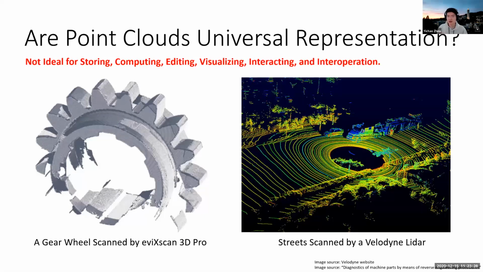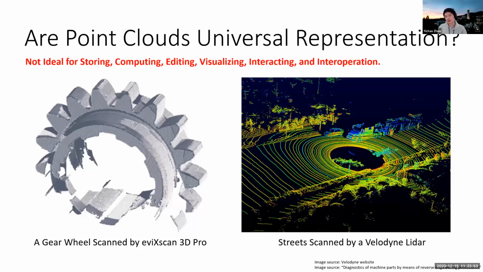It is really hard for an engineer to directly edit this kind of point cloud reconstruction. They need to manually convert it into a high-level representation like a CAD model, maybe in SolidWorks.